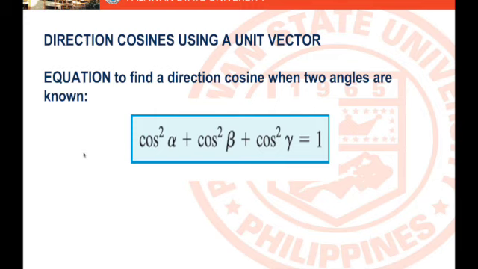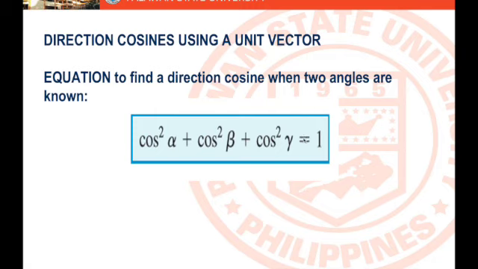Since we need to find alpha, beta, and gamma, and most of the time two will be provided and you need to solve for the other one, for that we have this equation: the squares of the cosines of alpha, beta, and gamma equate to 1. So if you're given alpha and beta and gamma is missing, you have your calculator, you can just solve it by equating that to 1.